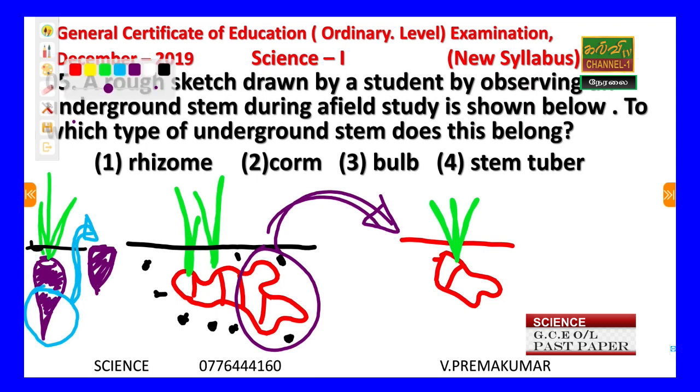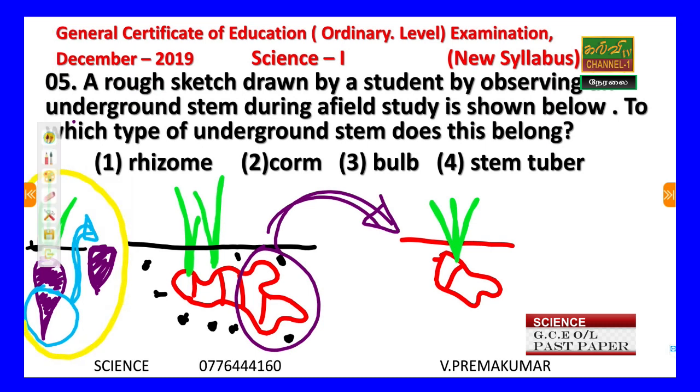Therefore, now we can explain, this is root. But this is underground stem.